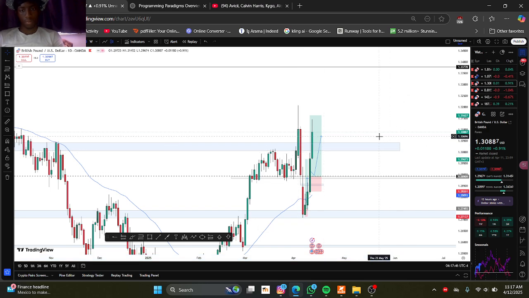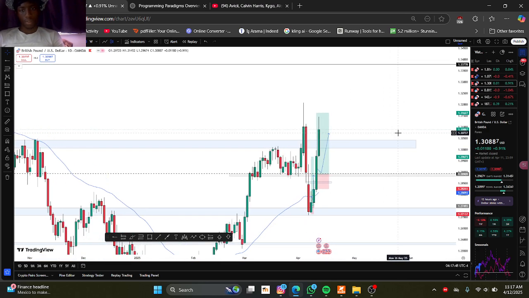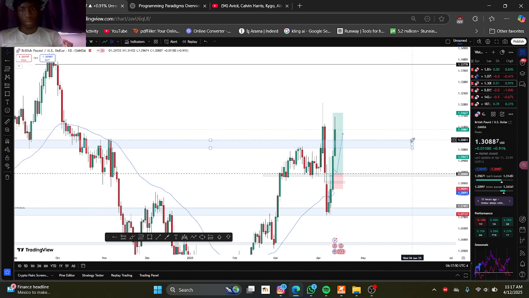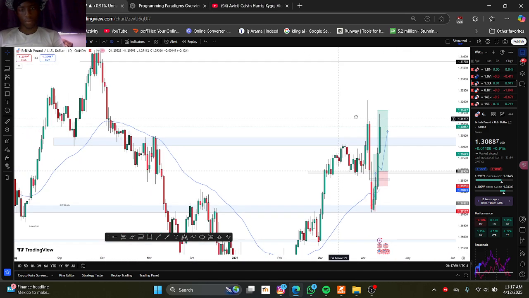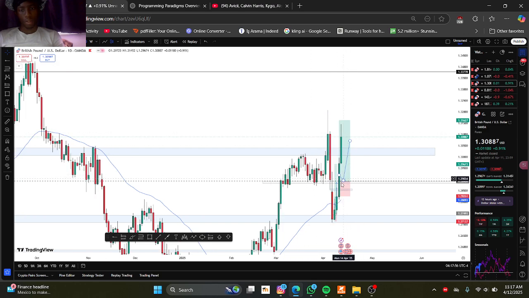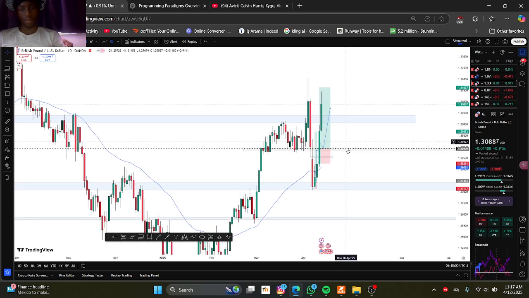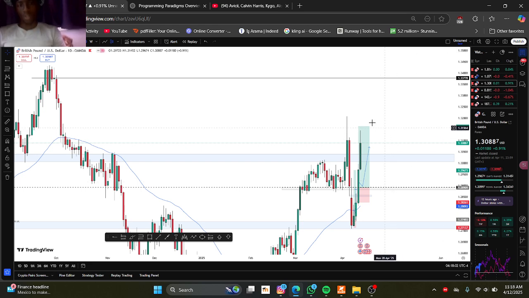Because then it might even just continue going up after the retest of this daily structure at this point here. But for now, I'm no longer vouching for this pair. I got what I wanted, so I can just now simply watch and see maybe in the weekend what will happen.